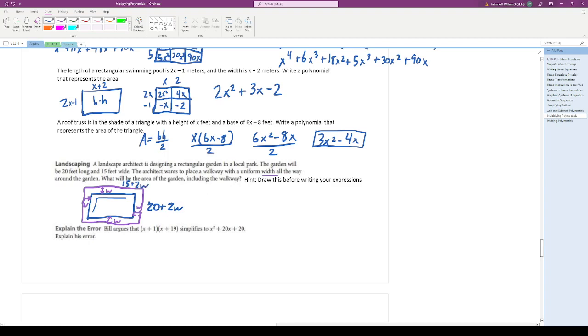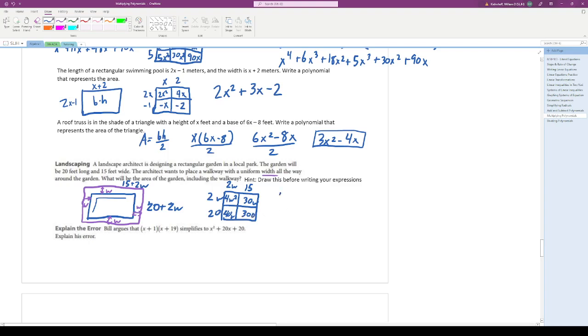If we multiply those, let's go ahead and write the W's in front, and we'll use the area model for this one. So we're going to put our 2W and 15 here, and our 2W and 20 here. We get 4W squared, 30W, 40W, and that's 200 plus 100, 300.